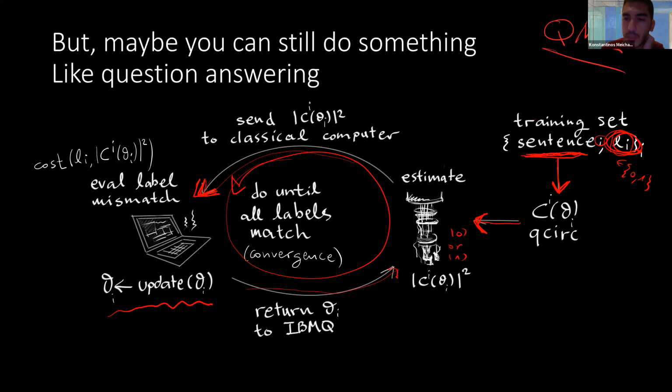So let me review. We have sentences and labels. This is a training set. We start here, number one. Every sentence individually is mapped to a circuit. So this is a set of circuits.